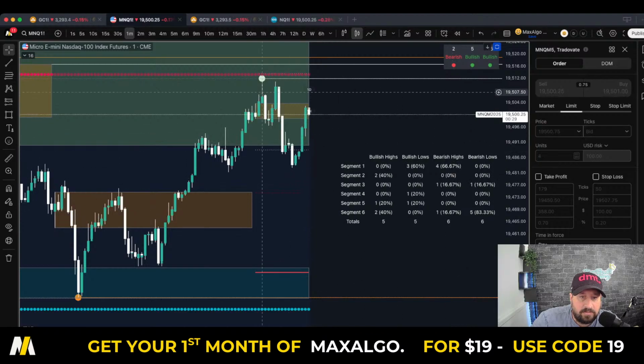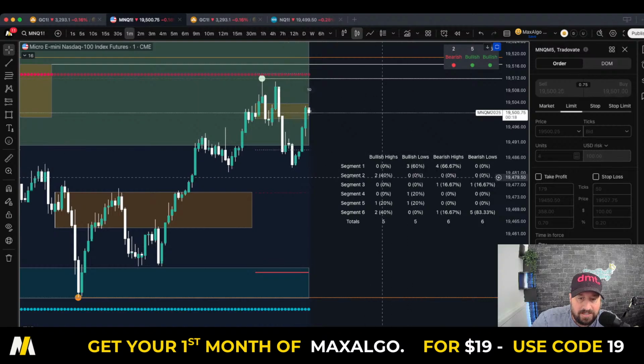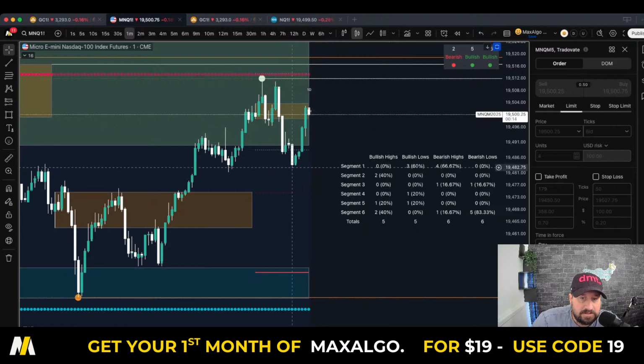This is our segment 1, first 10 minutes. You can see we took the low on the 11 minute, meaning that our bullish low would be in segment 2, which has happened 40% of the time, right? Today, this is today's stats.